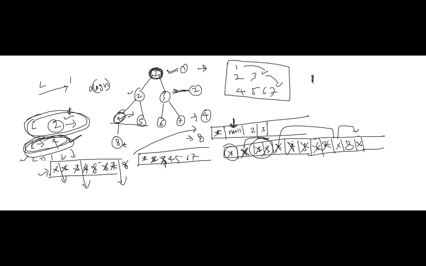And when I remove this 8, I'll know that after that 8 we have null, so we should send this null here. And when we are getting this 2 null, that means this is the end of this queue, right?